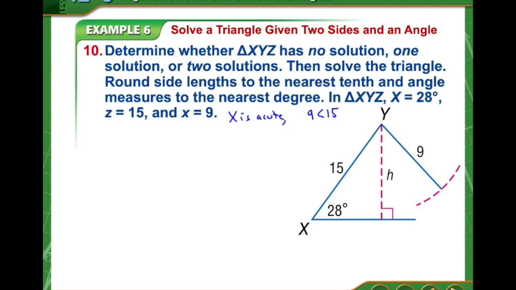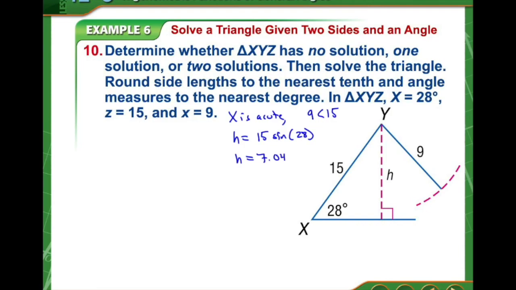So finding our height is the same process we did before with different numbers. So we're going to end up multiplying the hypotenuse times sine of our angle. Height is just 15 times sine of 28, which comes out to be about 7.04.